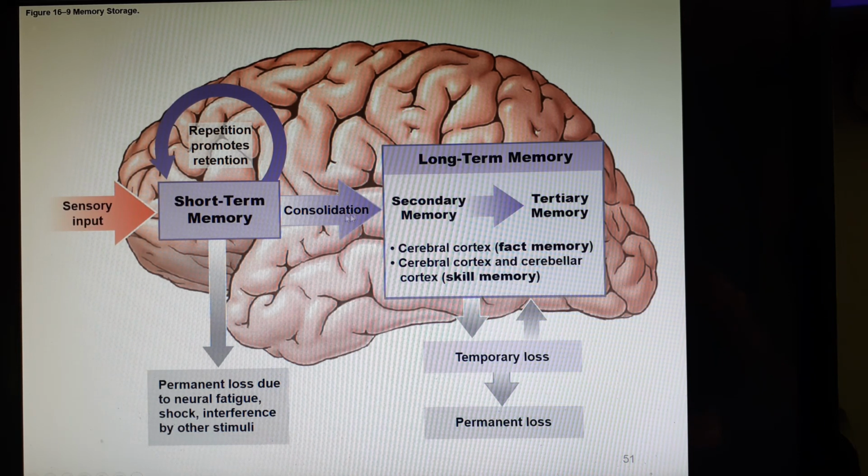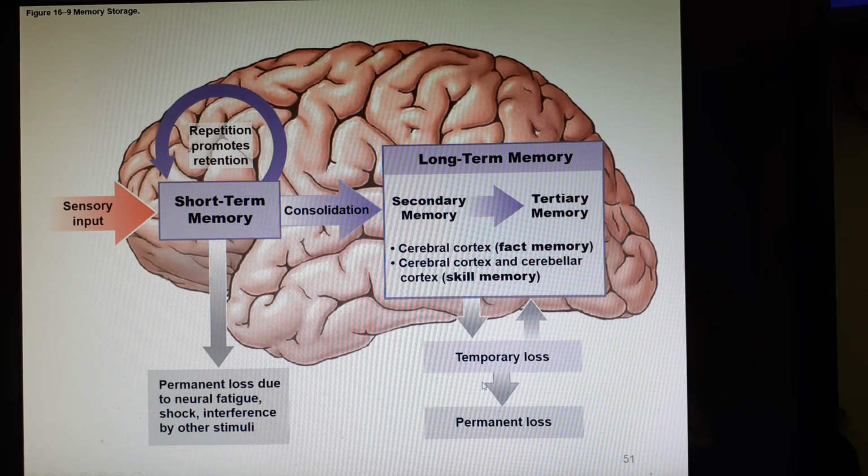If you move it over through consolidation to long-term memory, it first starts out as a secondary memory. Okay, fact memory stored in the cerebral cortex, skill memory stored in the cortex and cerebellar cortex. And then if you use it a lot or it's very tied to very strong emotion, it can become a tertiary memory. If it is not moved from secondary to tertiary, it can also be temporarily or permanently lost.